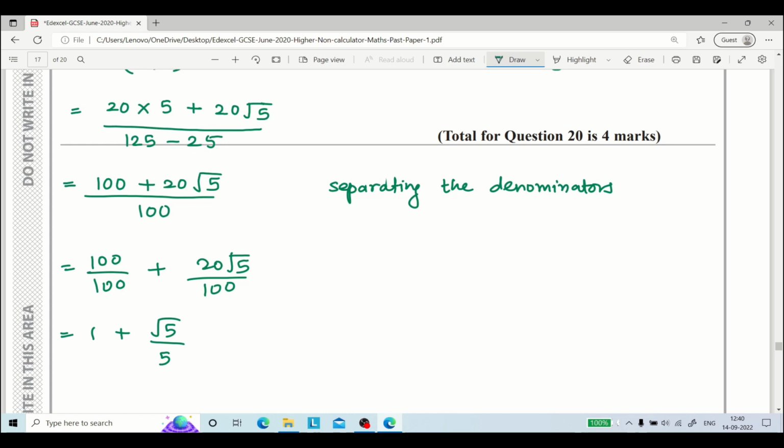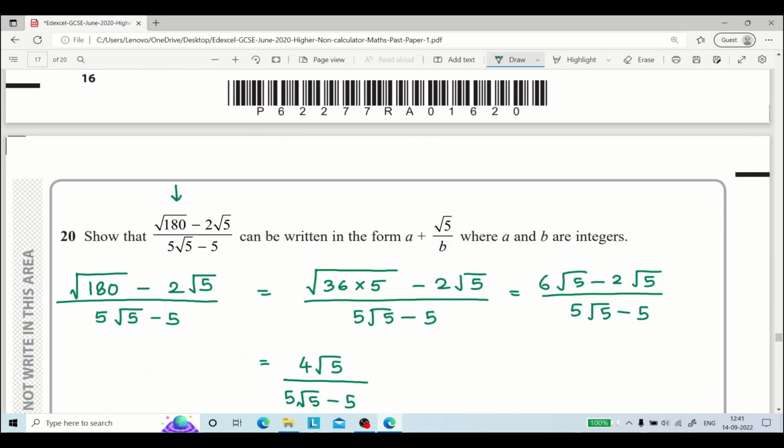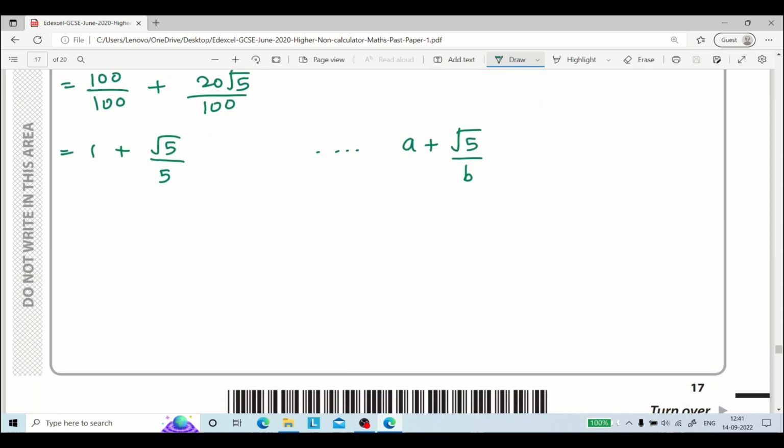Yeah. And what was the form that we had expected? A plus root 5 upon B. Please just check this out. A plus root 5 upon B. Framed it as this. So this is done, and where A is 1 and B is 5. This is also done.